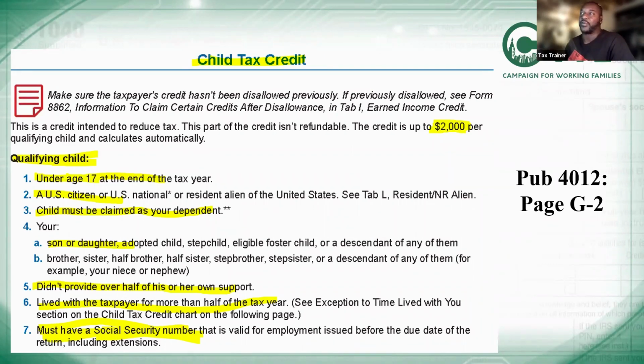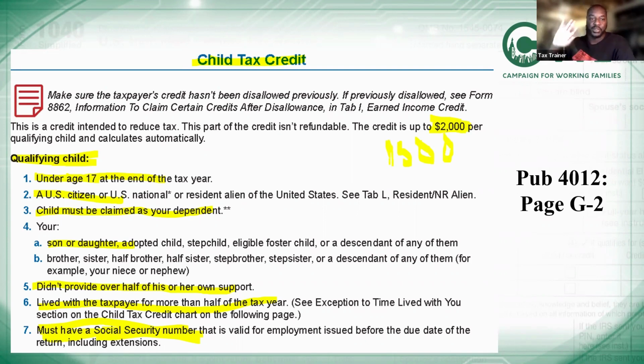So I can't use the full $2,000. I can use up to $1,500. It's called an additional child tax credit.